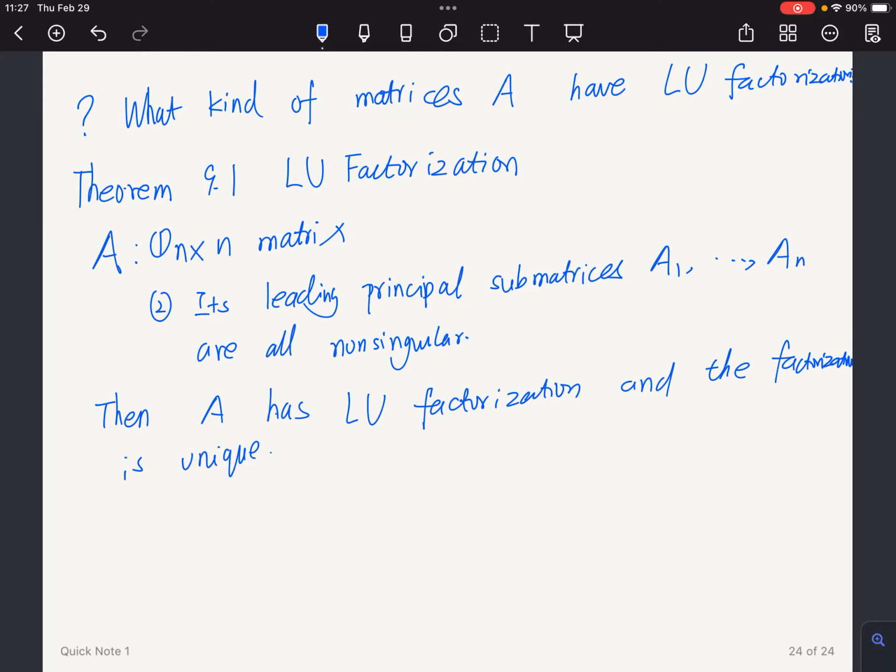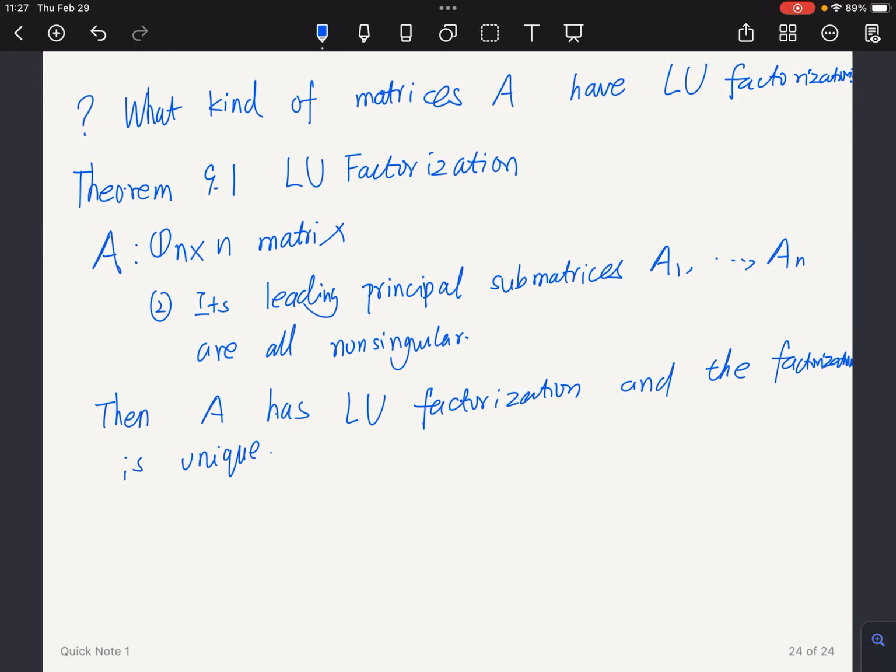I'm not going to prove this theorem. You can go to Hatter's textbook to read the proof there. Let's see what leading principal submatrix means.